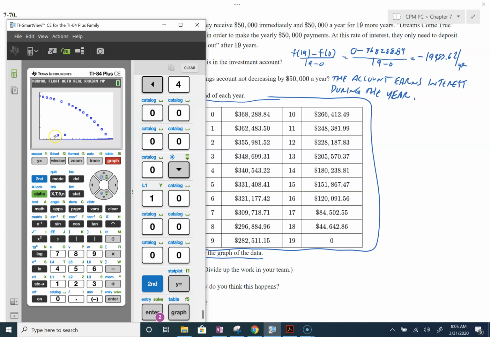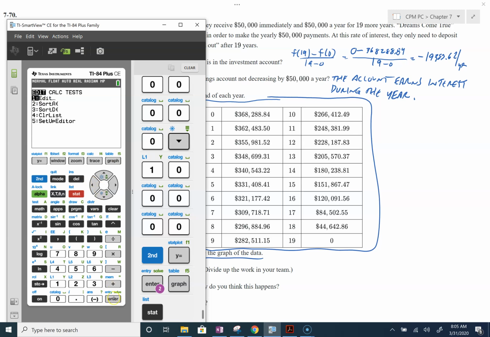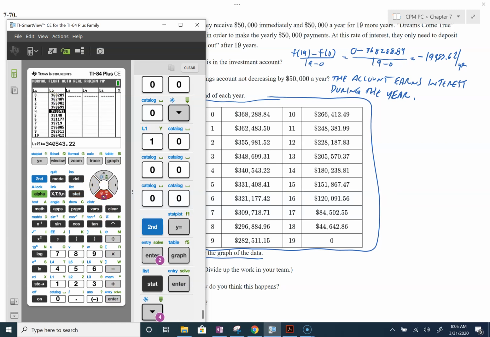Maybe I mistyped a couple. It looks like there's a couple data points down here that don't match up. So let's see. 1, 2, 3, 4, 5. Looks like around 5 and 7 I might have mistyped the values. So let's go back to Stat, Edit. Yeah, I did.